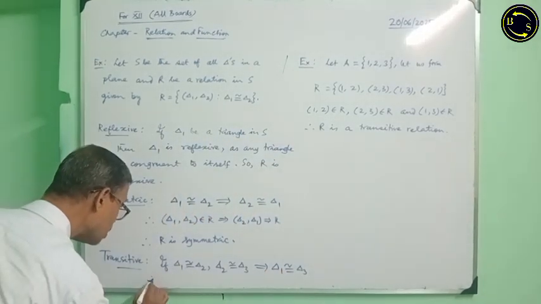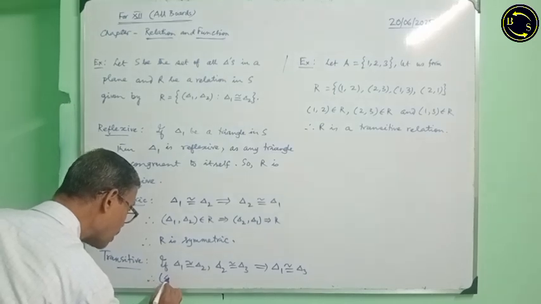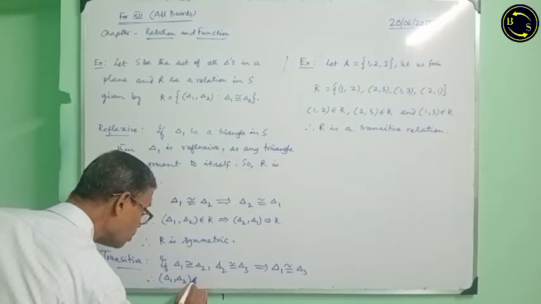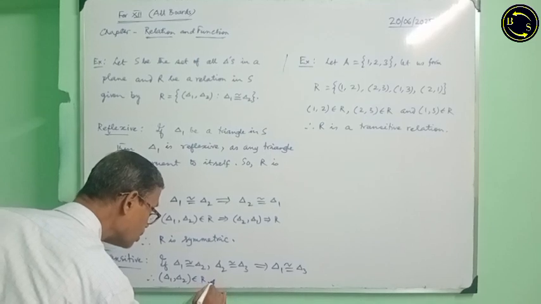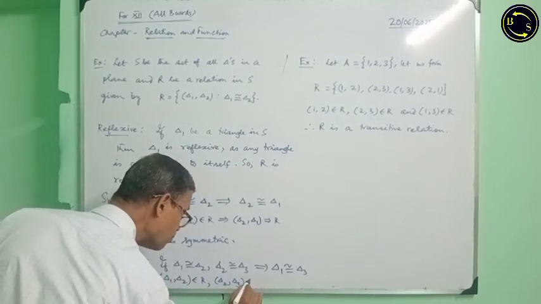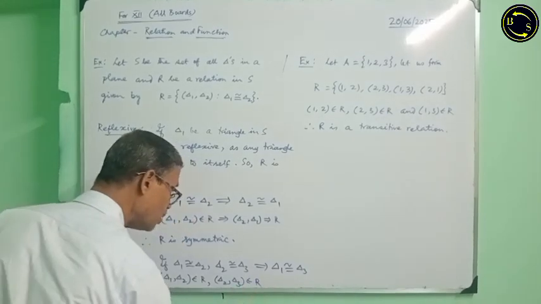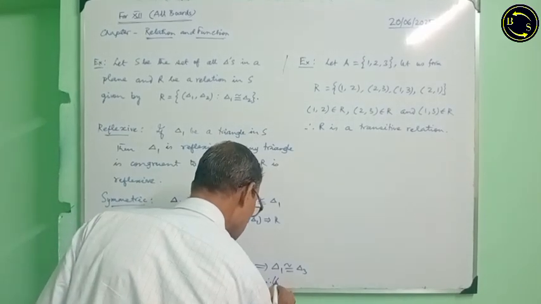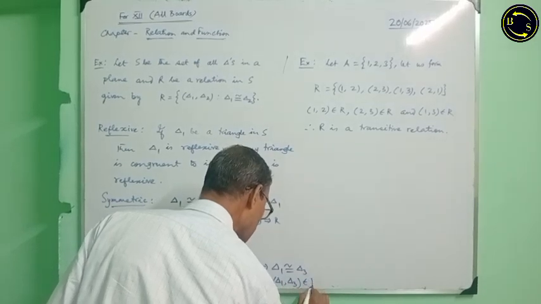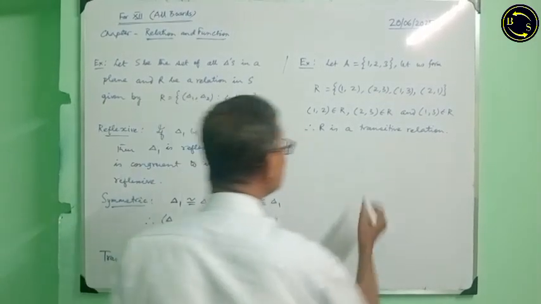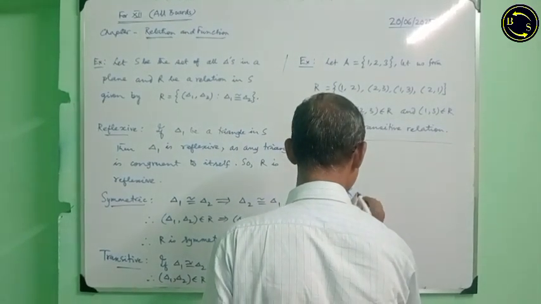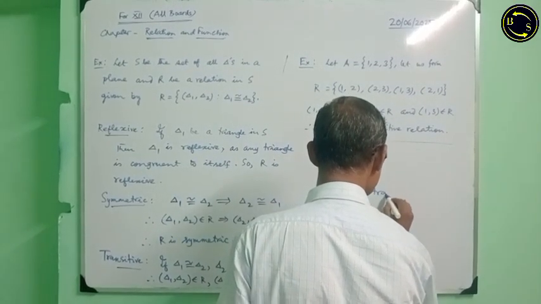That means the ordered pair (delta 1, delta 2) belongs to R, (delta 2, delta 3) belongs to R. Therefore, (delta 1, delta 3) is a member of R. Therefore, R is transitive.